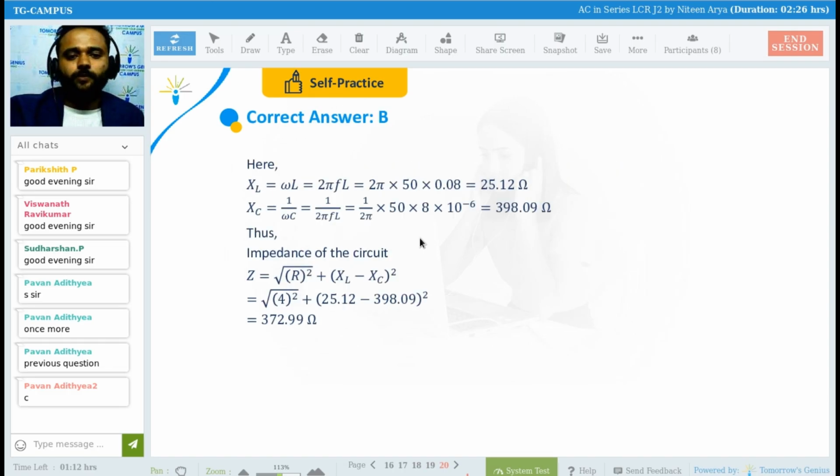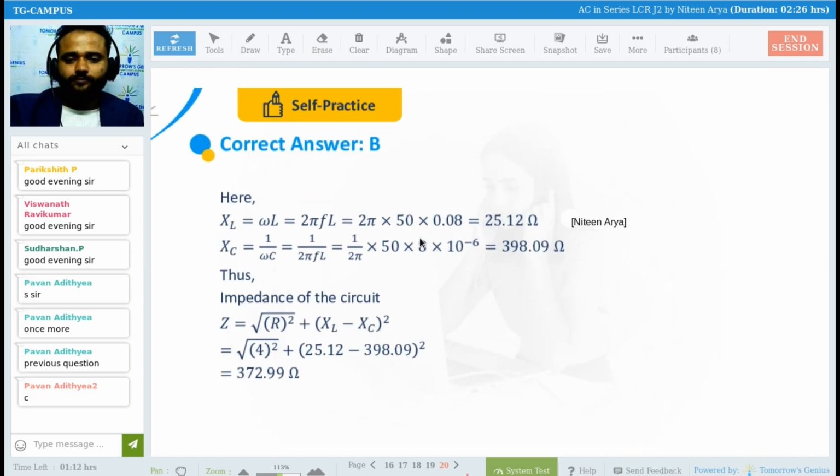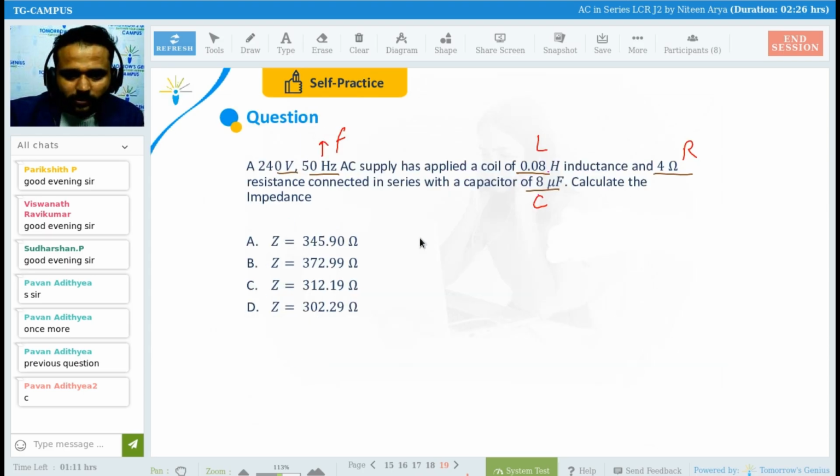Here XL equals omega L, 2 pi fL. This one. XC equals 1 by omega C, so 1 upon 2 pi fC is going to be there. Wait. Something is wrong in this equation. Let me check it out.